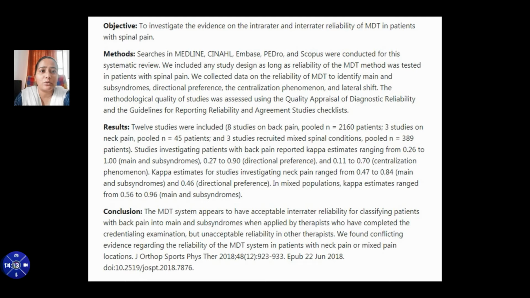We found conflicting evidence regarding the reliability of the MDT system in patient with neck pain or mixed pain location. So they are trying to say that those therapists who are trained in this method of assessment and diagnosis, they will be in a better position to diagnose the patient using MDT.